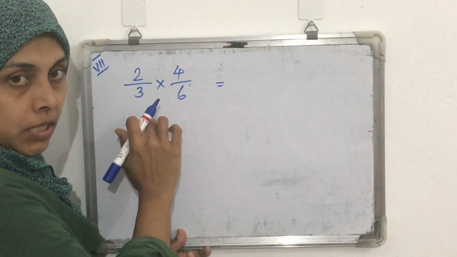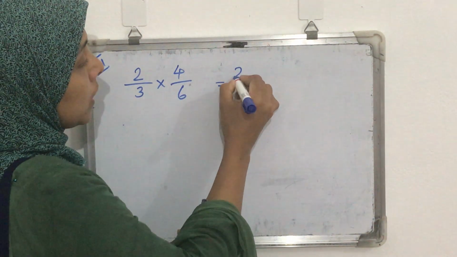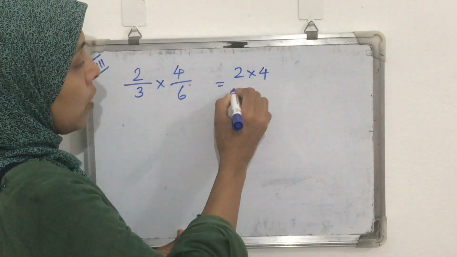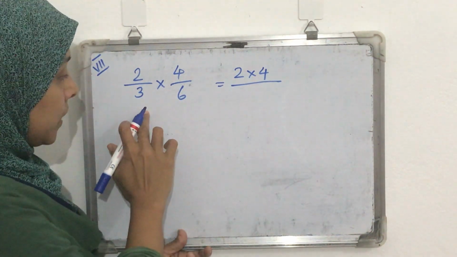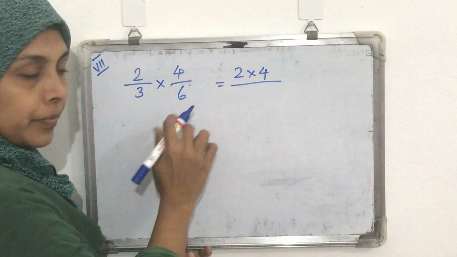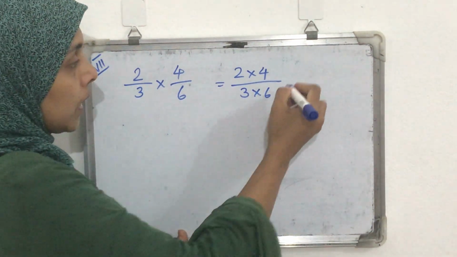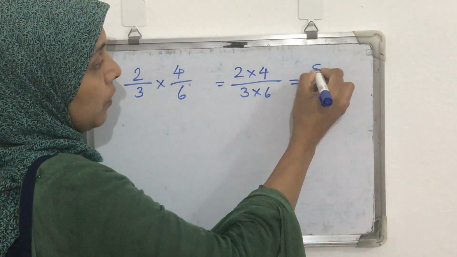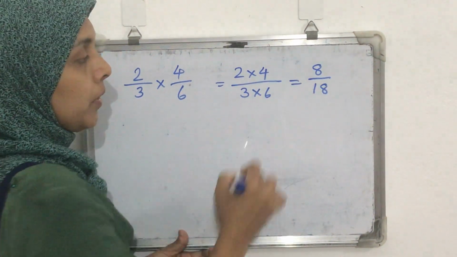Which are the numerators here? 2 and 4. So 2 into 4, by the product of the denominators. Here the denominators are 3 and 6, so 3 into 6. That is 2 into 4, 8, and 3 into 6, 18.